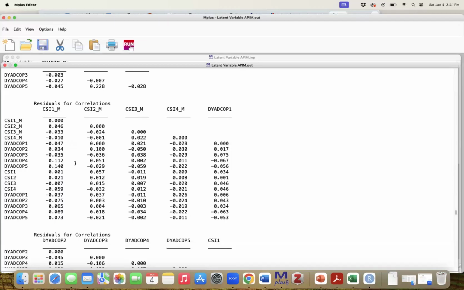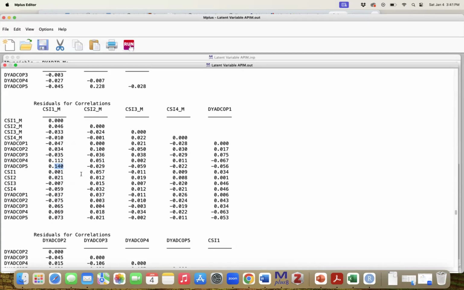Let's say our model expected a correlation of 0.50, just picking a random number, and what the model actually found was a correlation of 0.64. Thinking about what a correlation represents, that could be fairly substantial. If you square this value, you get the amount of variance that is overestimated.